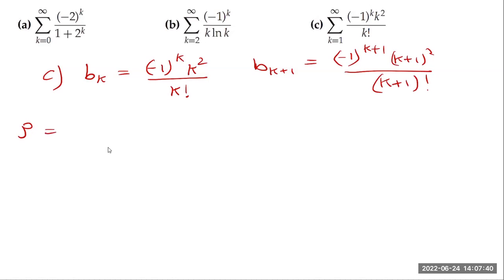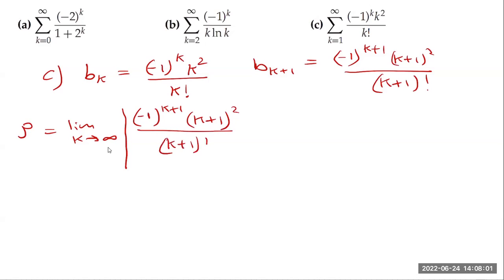Okay, rho is equal to the limit as k goes to infinity of the absolute value of b_(k+1) divided by b_k. b_k is (minus 1) to the power k times k squared divided by k factorial.